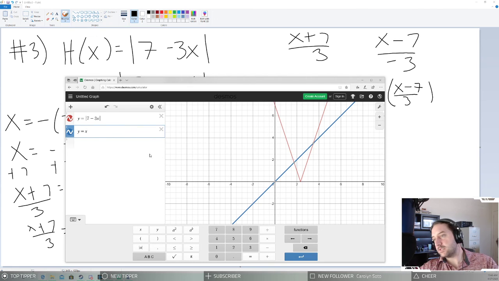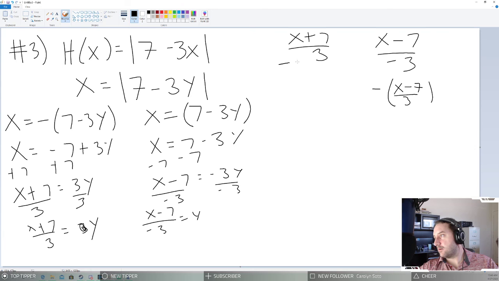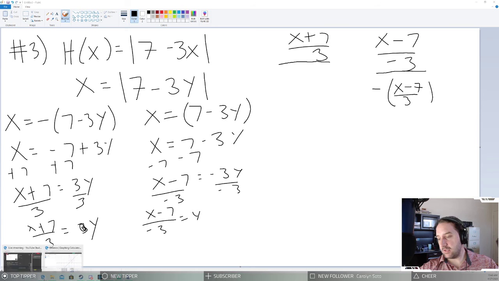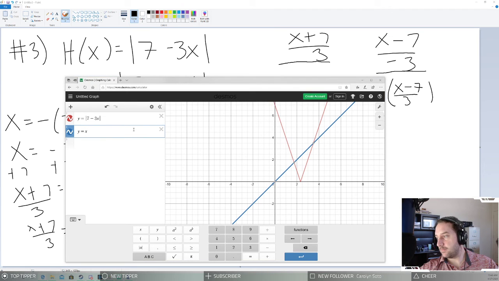Now the problem is these two equations that I made, this one and this one, the biggest issue is that they're going to extend forever. So meaning I have to like cut it off somewhere. So that's why if we use this calculator, it's going to help us out a little bit.